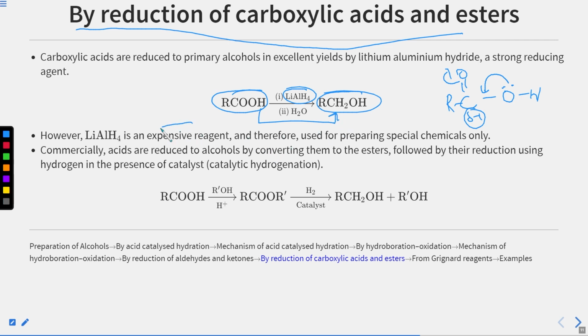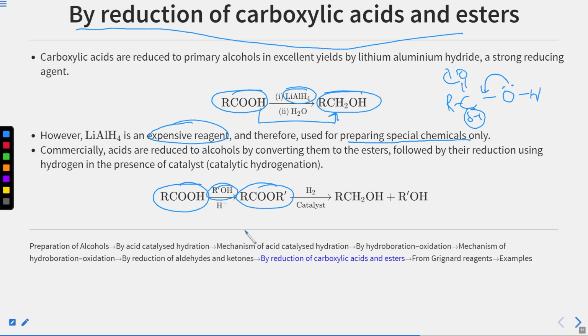But LiAlH4 is an expensive reagent, therefore used for preparation of special chemicals only. Now, how do we do it commercially? Since LiAlH4 is very expensive, we do not use this method on an industrial scale. For industrial application, we first convert this acid into an ester by esterification using alcohol.